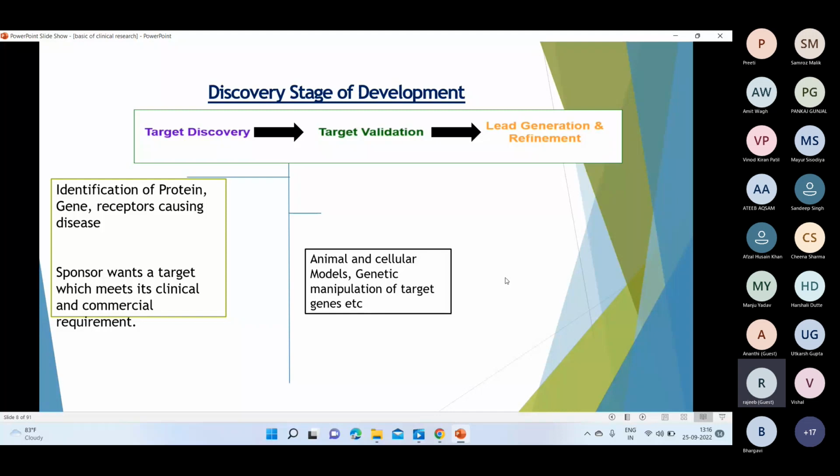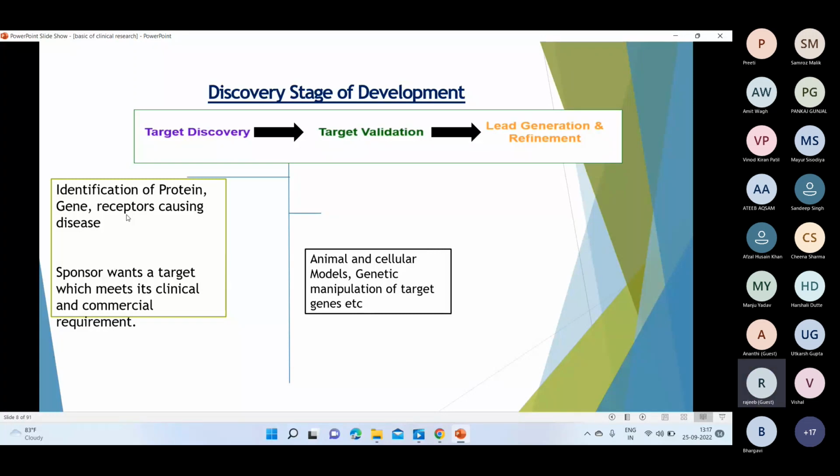That's why they are reluctant and hesitant to invest money in rare diseases, because they have to see the commercial part also. But if the research is being done in an institute or government body, they will not take care of this part. They still have to identify the protein, gene, or receptor responsible for that disease.